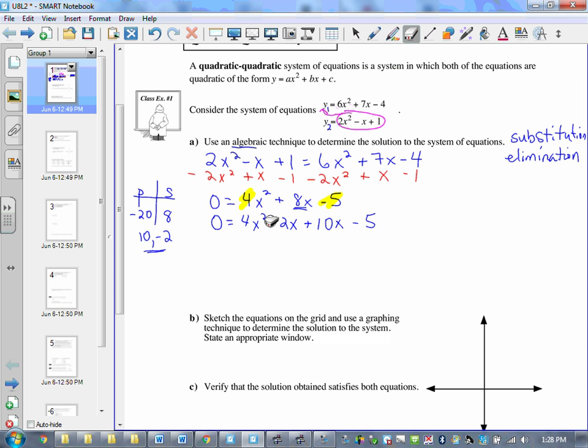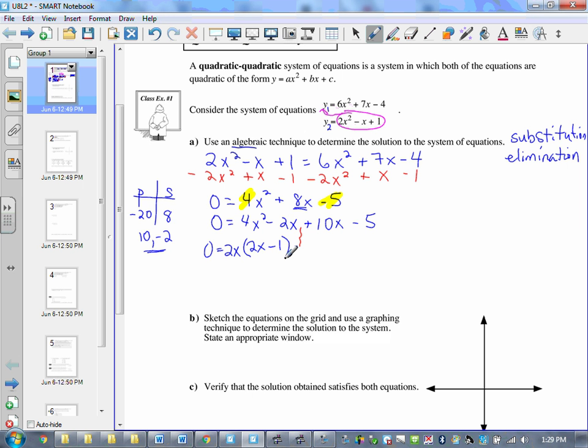Sydney was seeing some more common factors with the grouping this way, but you'll get to the same spot. You still do your common factors. This is where Ms. Russell draws her little squiggly line, and we factor by grouping. With our first two terms, what is our common factor? 2x, leaving us behind with a 2x minus 1.